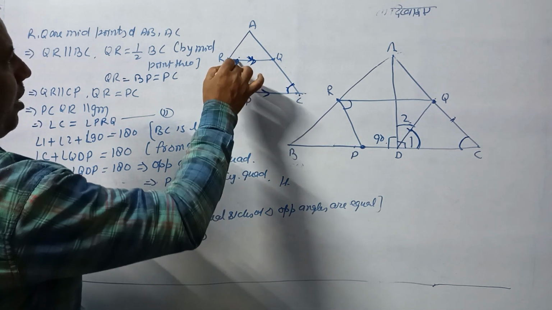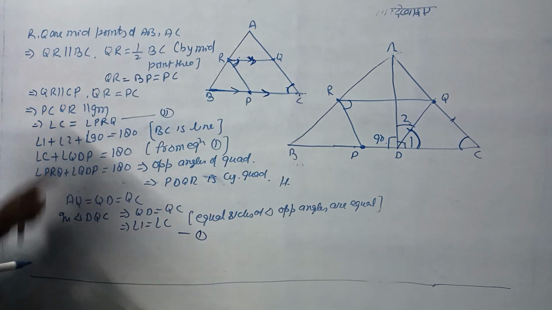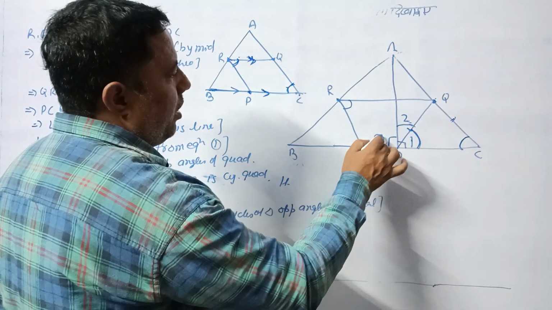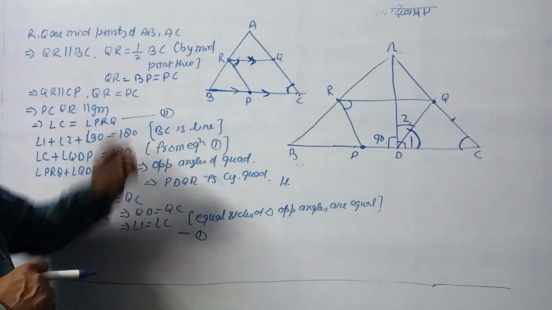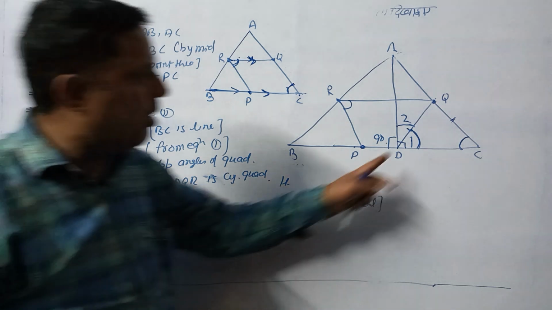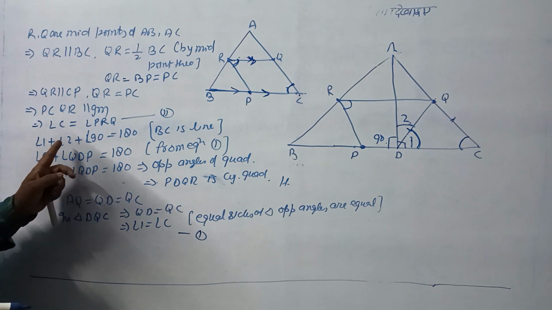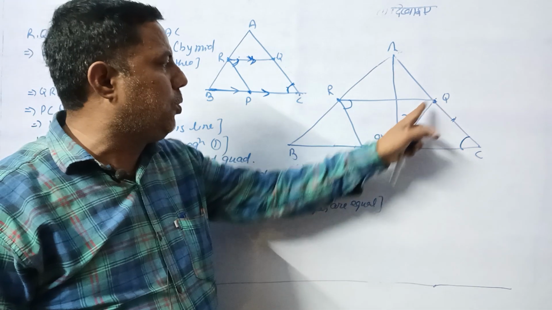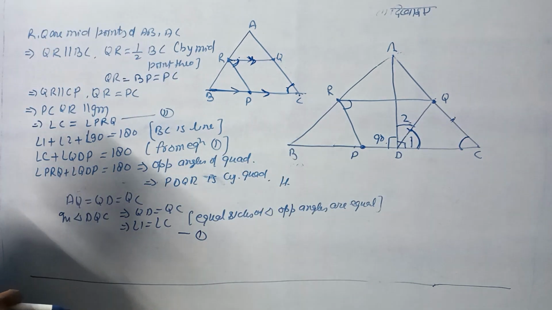Then angle C equal to angle R, that is angle PRQ. Now here, angle 1, angle 2, angle 90 equal to 180, this is a straight line. Angle 1 can be written as angle C, from equation 1 we write C. Angle 2 and 90, that is QDP, we write QDP.